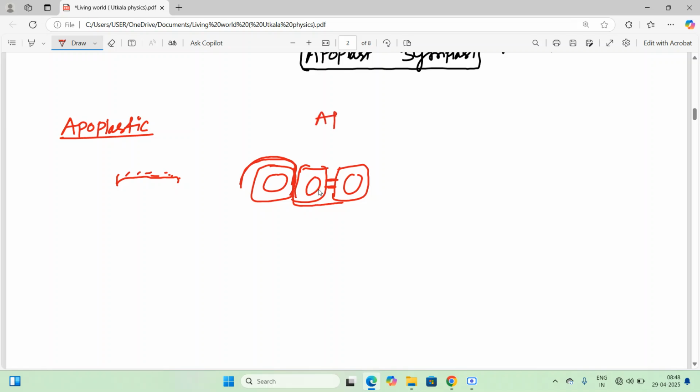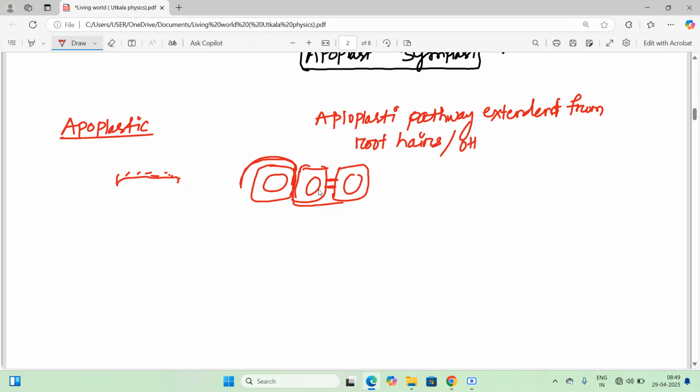The apoplastic pathway, extended from root hairs or other epidermal cells to the endodermis.